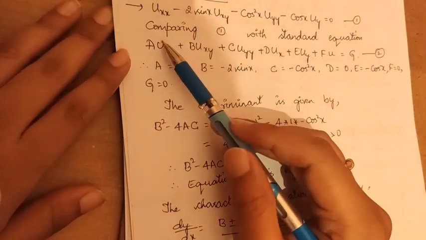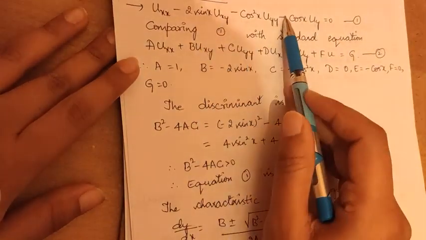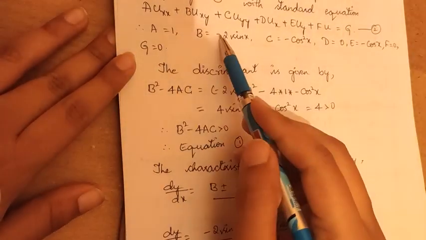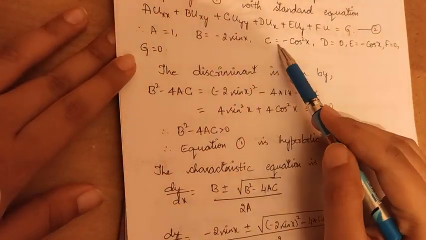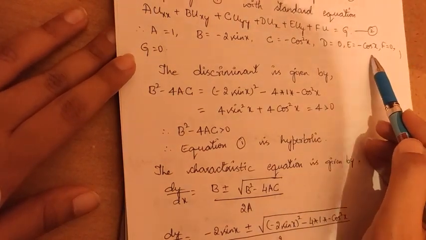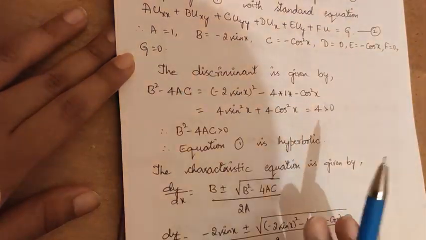So what I have done, I have compared the given PDE with the standard equation. I will get the value A is equal to 1, B as minus 2 sin x, C is equal to minus cos square x, D is 0, E is equal to minus cos x, F is 0 and G is 0.